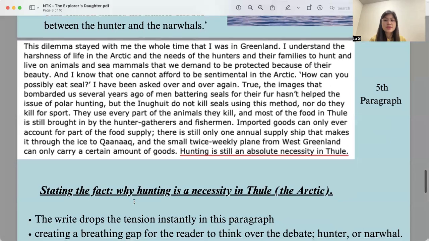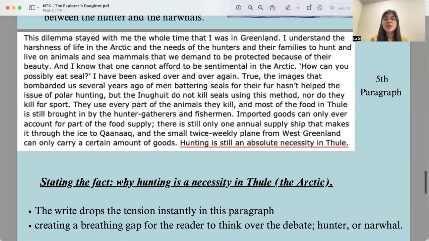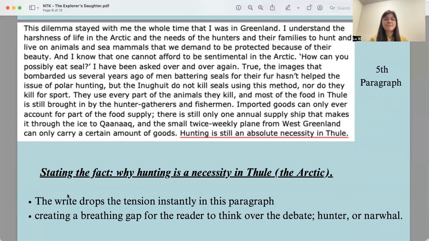Okay, so once again, the fifth paragraph is like a third paragraph. The writer again tries to state a fact: why hunting is a necessity in Thule, in the Arctic. Let's just skim through it. Basically, let's jump to this here.